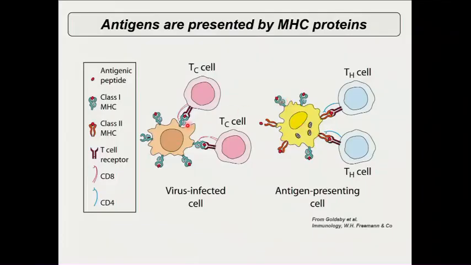Whereas the class 2 molecules are not made by ordinary cells. They're only made by the professional antigen-presenting cells, which makes the antigen-presenting cells having two MHC types, whereas the ordinary cells have just one.